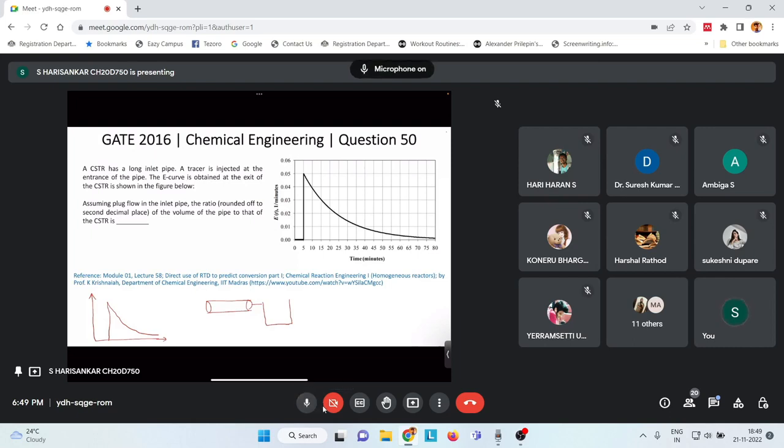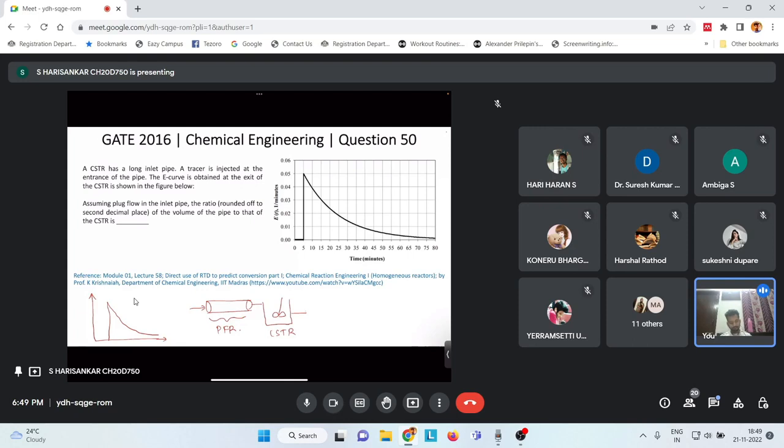Okay, sorry about that. So yeah, what is given here is that we have a long inlet pipe which acts as a PFR, and this is then connected to a CSTR. Okay, and the RTD representing this system is given in this form.